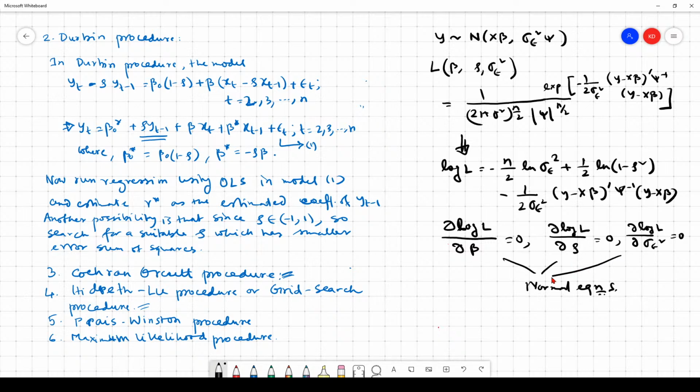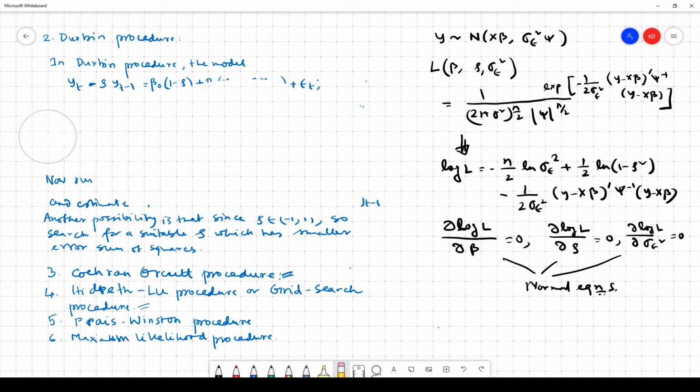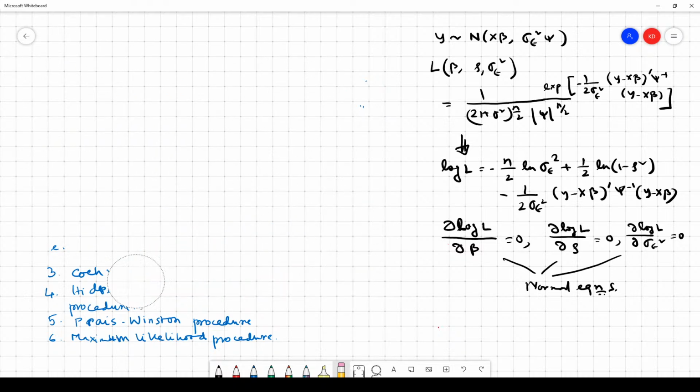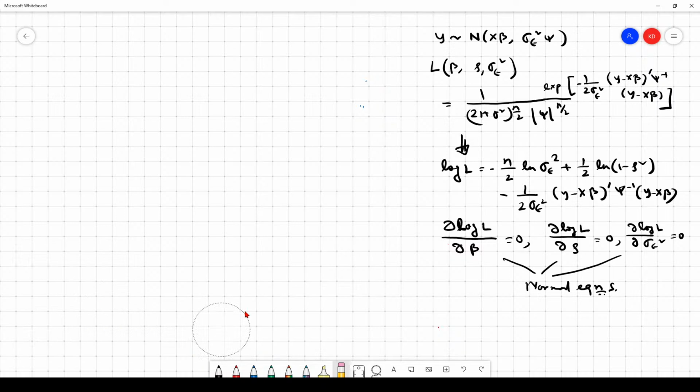So the steps are: first, get the estimator of sigma square.